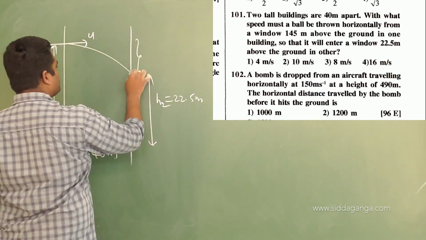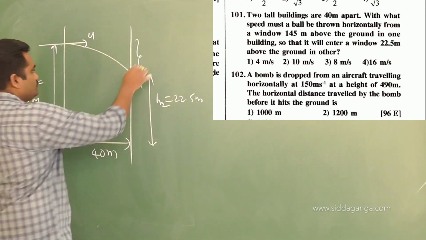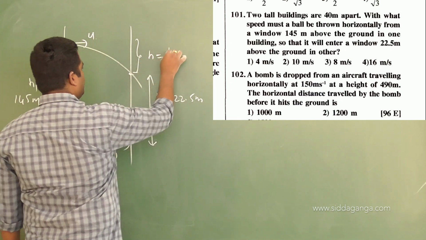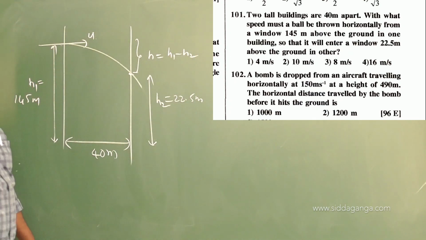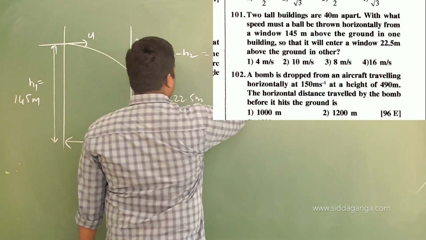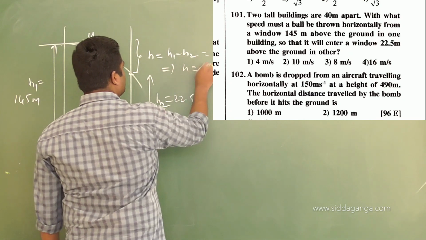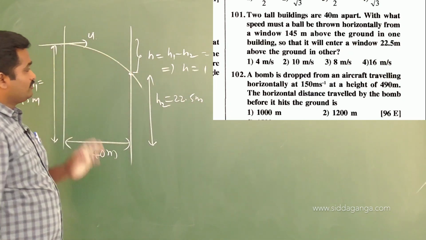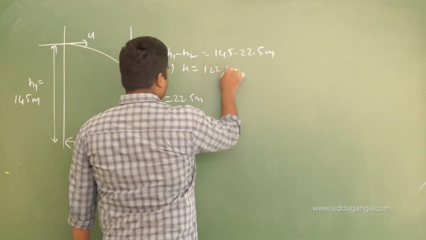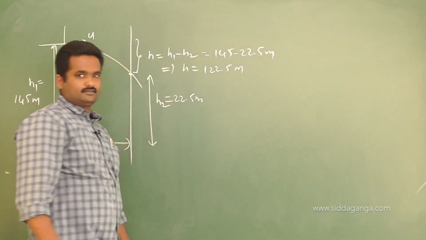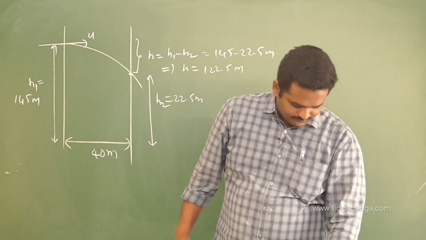This is the height through which the ball has travelled during its flight: h1 minus h2, that is 145 minus 22.5 meter. So the value of h is 122.5 meters. Now, what exactly is the question asking us to find?